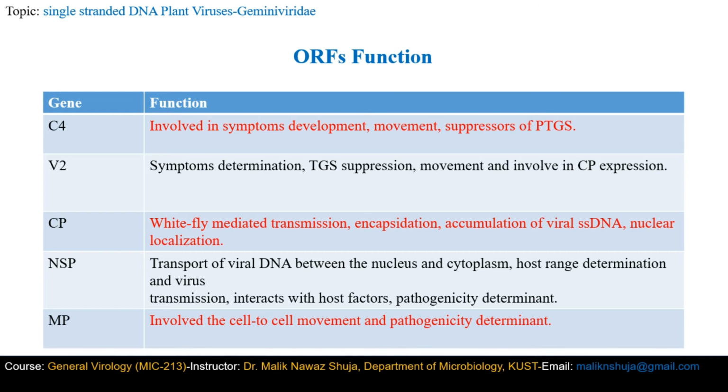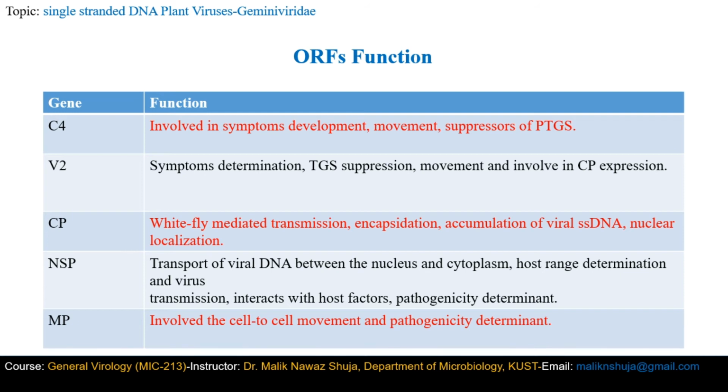Now we are talking about V2, which is a pre-coat protein on the virion strand. It plays a vital role in symptom determination, transcription, gene suppression, and silencing, and it is also involved in the intra and inter movement of the virus, and in the expression of the coat protein gene.